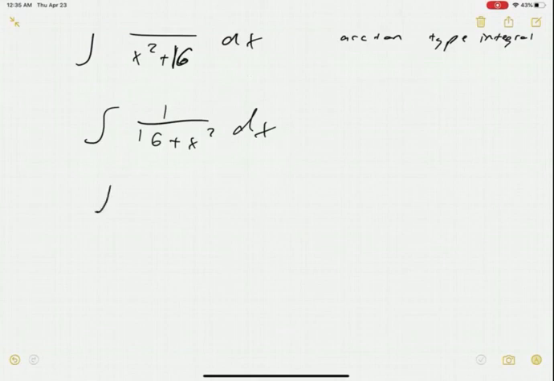Kind of similar with how we were working with series recently, I pull out the 16. I get this, right?